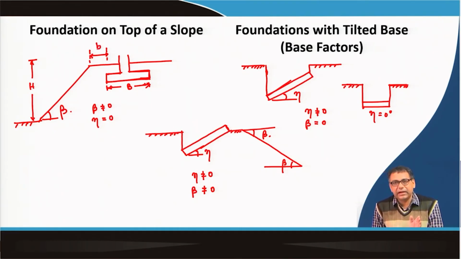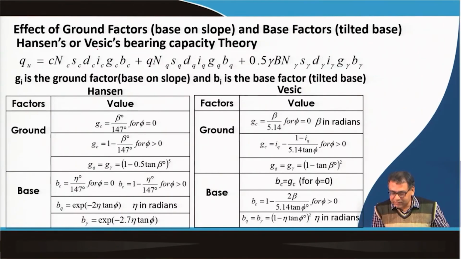That effect is not in the factors suggested by Hansen and Basic, because whether you place the foundation at any distance, you will get more or less the same factors, because those factors are functions of either beta or eta. You can see these are all functions of either beta or eta.